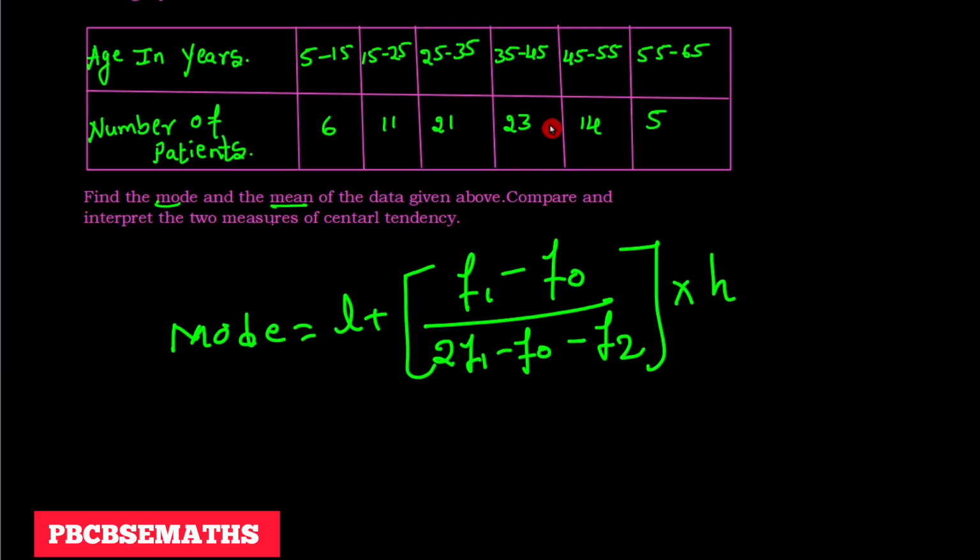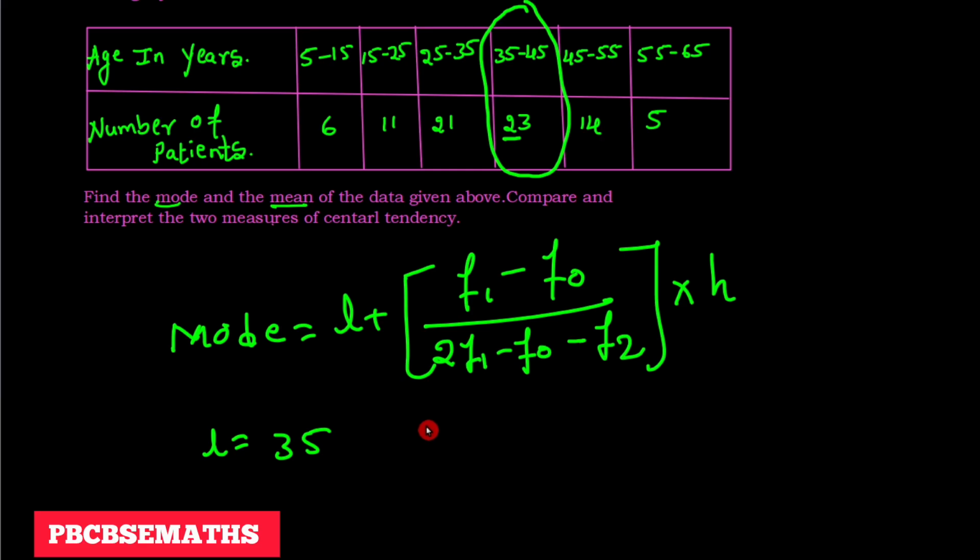We can observe here the highest frequency in this given data is 23. So this will be our modal class. So 35 to 45 is our modal class and its frequency is 23. So the value of L is the lower limit of this modal class, which is 35.